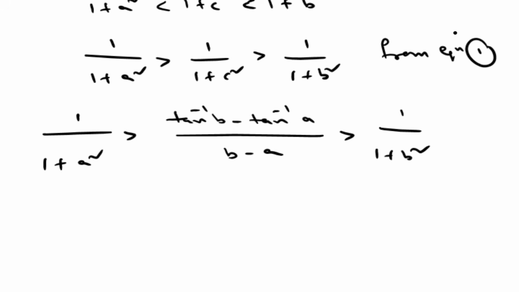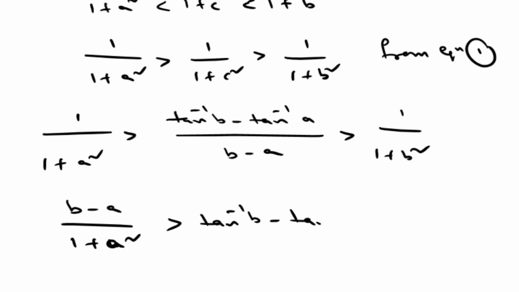Multiply with b minus a on all sides: b minus a by 1 plus a square greater than tan inverse b minus tan inverse a greater than b minus a by 1 plus b square.